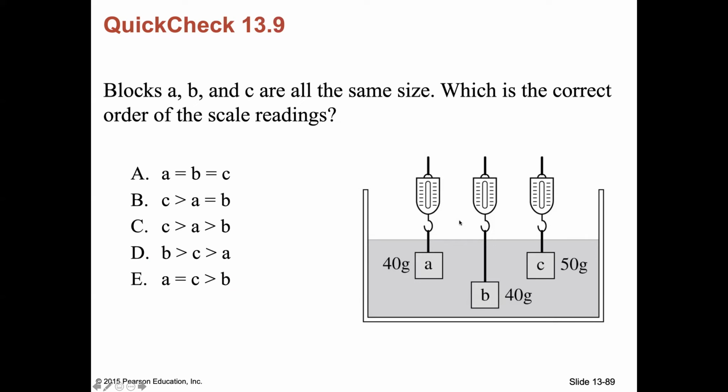Okay, so first of all, let's ask a question. If we don't have liquid, then which one will read more? If it's not submerged in liquid, there's no buoyant force, then in that case, C will read more because C has larger mass. Larger mass results in larger gravity or weight.